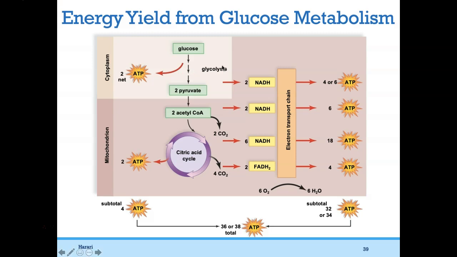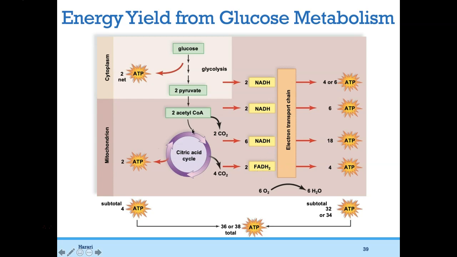So to summarize, we said glucose in the cytoplasm got broken down into 2 pyruvates. We got 2 ATPs. We then had to prep it to make 2 acetyl coenzyme A. We got some NADH from that as well. The acetyl coenzyme A fed into the citric acid cycle, which oxidized these molecules to make lots of NADH and lots of FADH2.